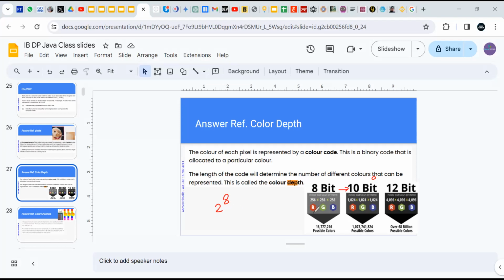And if we combine the RGB, which is red, green, and blue, each one of those has 2 to the power of 8, which corresponds to 256.